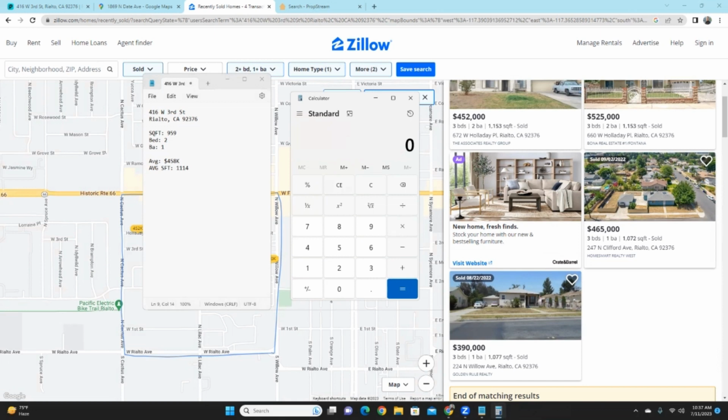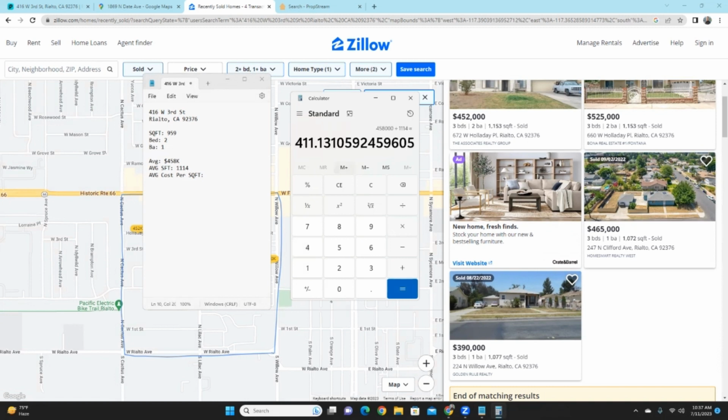So now we can take the average cost per square foot. How do we get that? You take your 458, I believe, right? Divided by, or it might be the other way. Let's see.